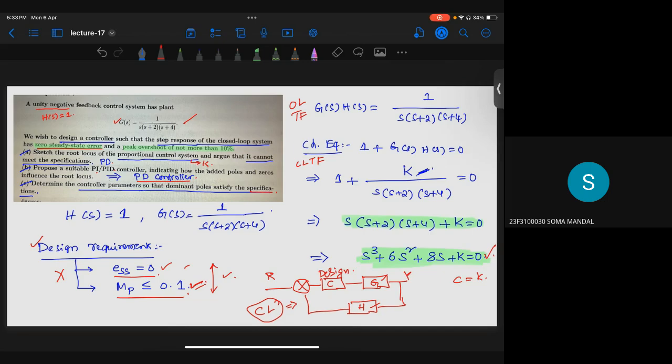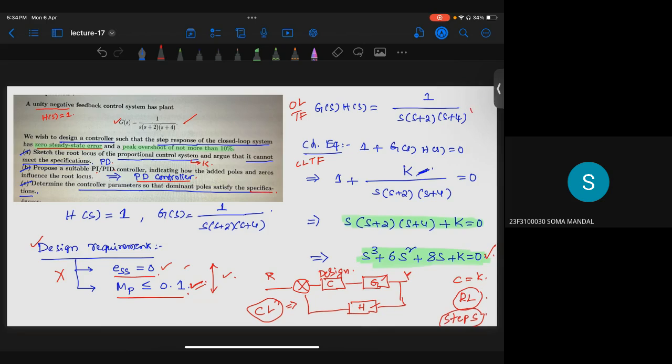You can do that manually, but we have already learned root locus, so you don't need to vary K manually from 0 to infinity. Instead, if you simply follow the steps of the root locus, which we saw just before, you will get the root locus plot. Yes or no?